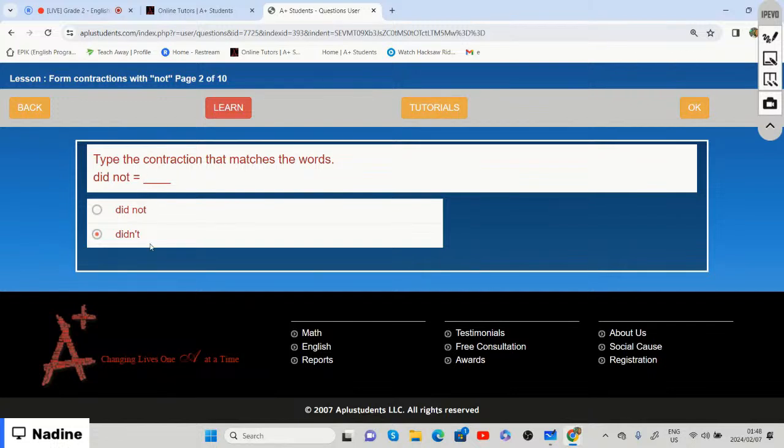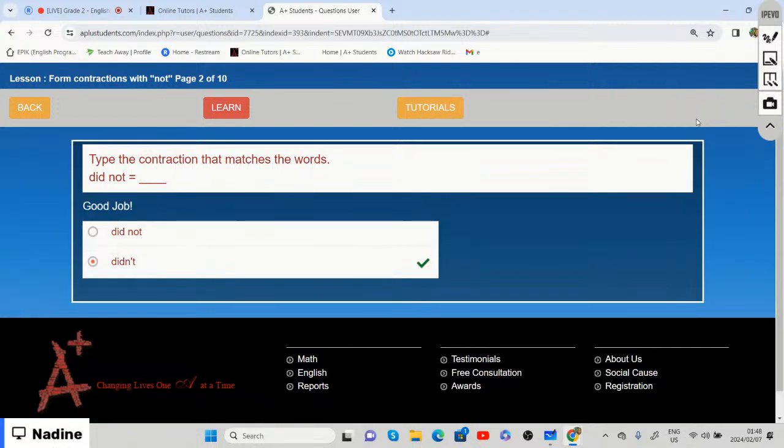Because there we have our word did and not next, so it's just that we remove the O. So the contraction that matches the word did not, we said it is didn't. And didn't is correct.